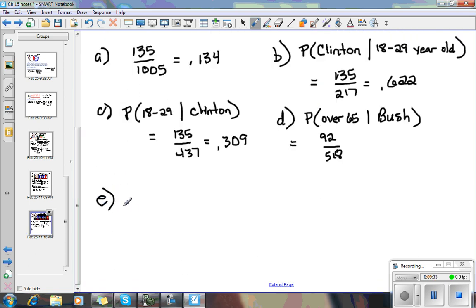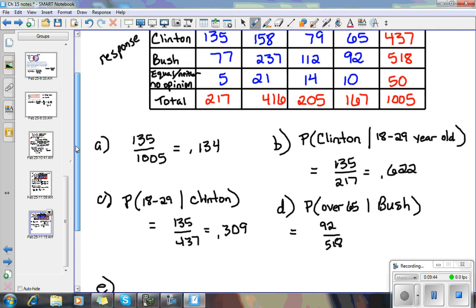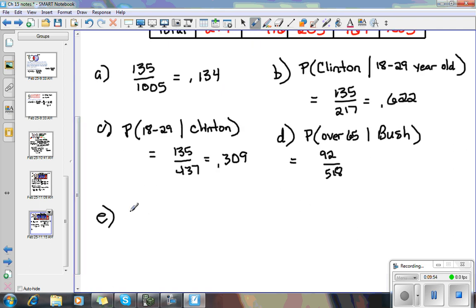And one more, part E. What's the probability that a person over 65 preferred Bush? Now notice the wording on here. This time we're not given anything. What's the probability a person, oh yeah, we are. A person over 65. So given that they are over 65. So sometimes it's really subtle.